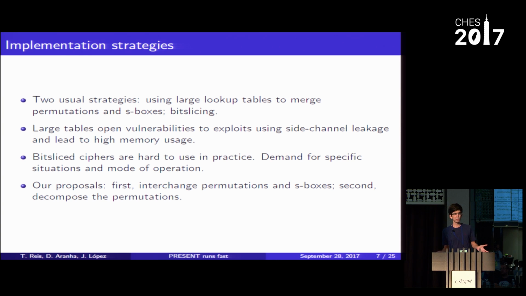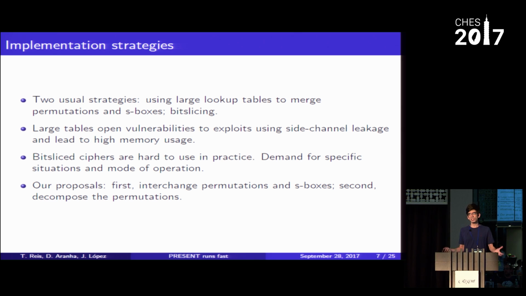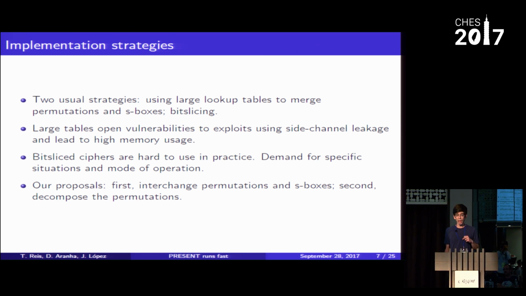And also, even if you don't have cache memory, when you use very large tables, you are deviating from the main purpose of lightweight cryptography, which is to consume few resources.